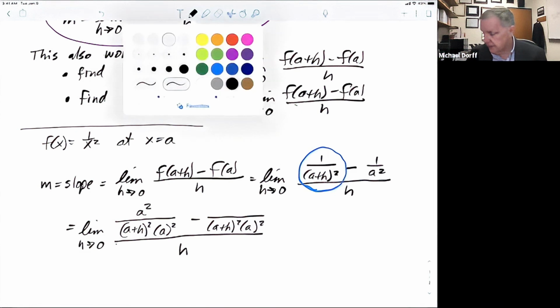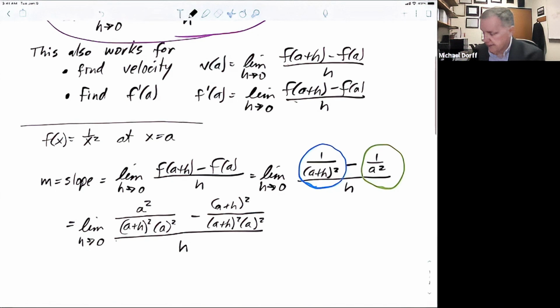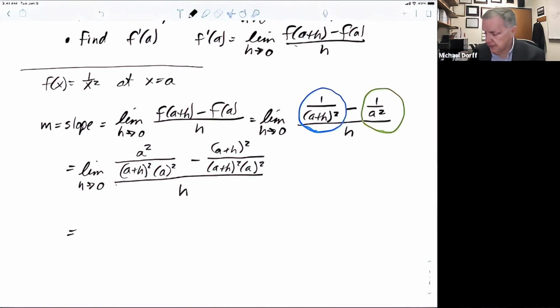Likewise, here in green, this 1 over a squared, to get the denominator a plus h quantity squared times a squared, I need to multiply the original one in green by a plus h squared in the top and the bottom, and that's going to give me a plus h quantity squared on the top. All right, so now we're going to do some combinations.